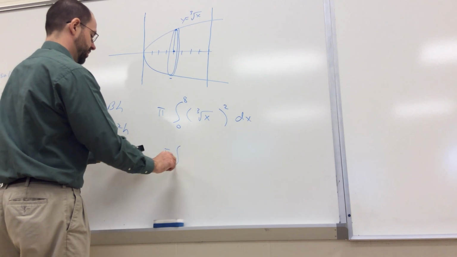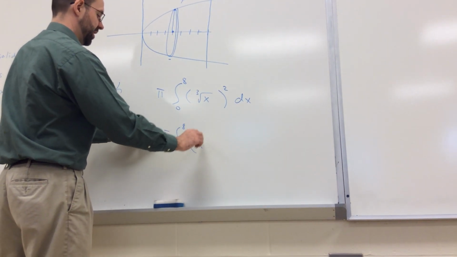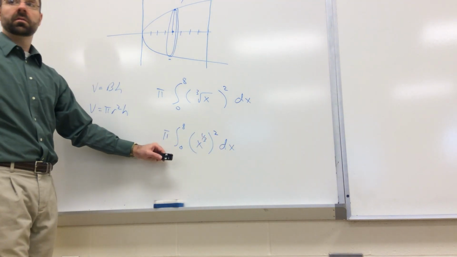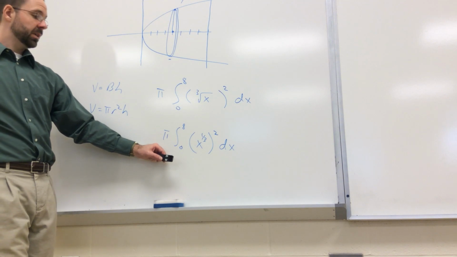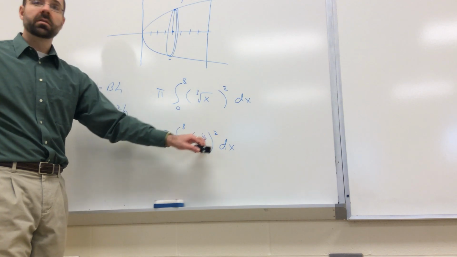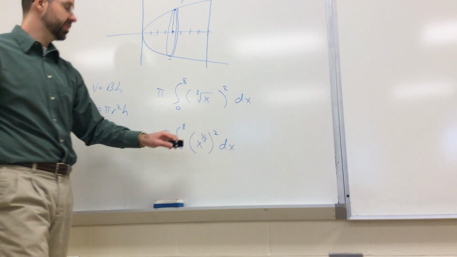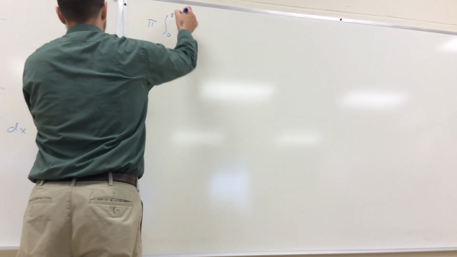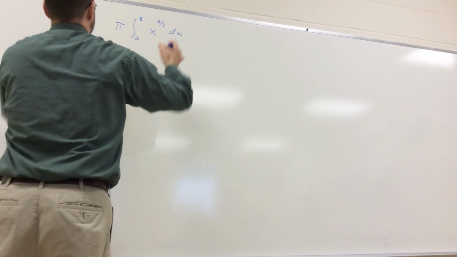So it's pi times the integral from 0 to 8. Another way to write the cube root of x is x to the 1/3. And then in this situation, what do you do with the exponents? Multiply them, right? So 1/3 times 2 is 2/3. So this is pi times the integral from 0 to 8 of x to the 2/3 dx.